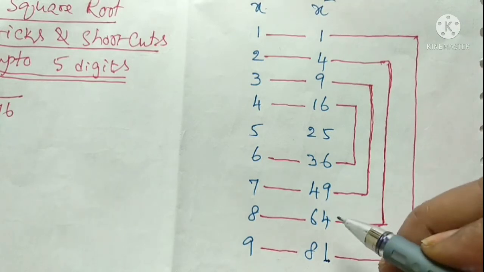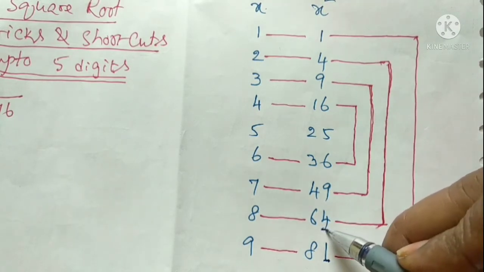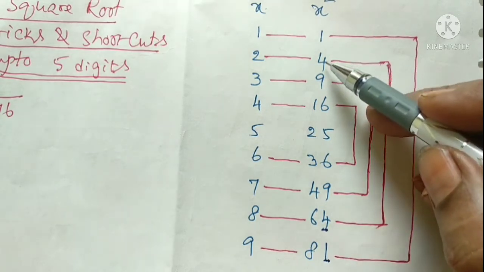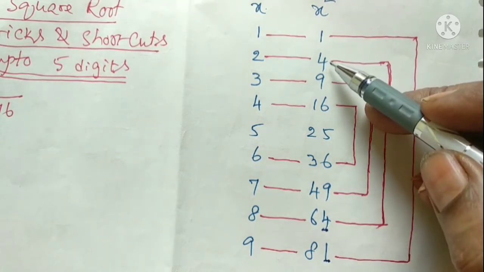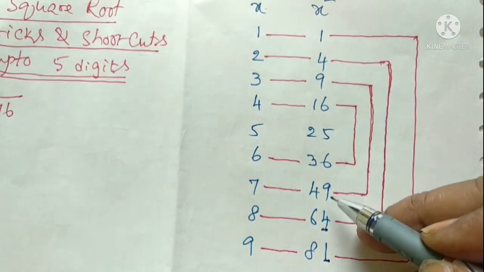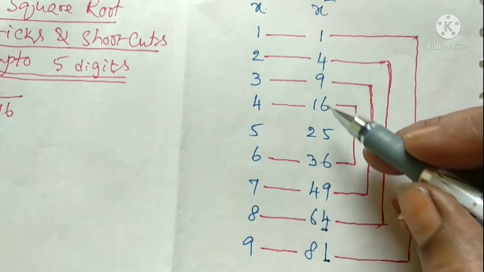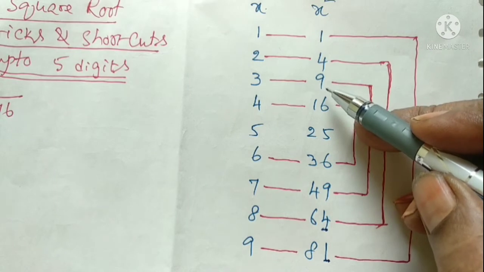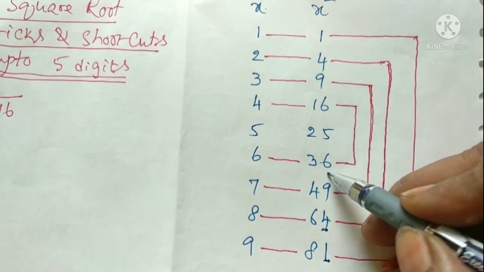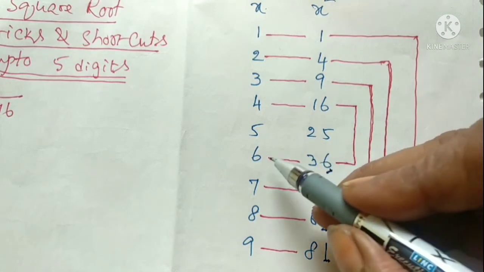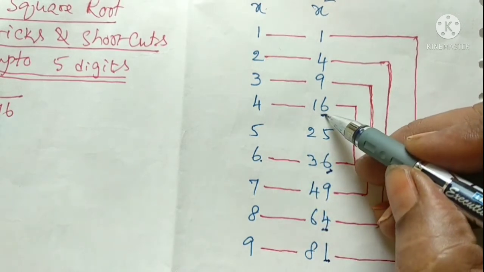In the same way, if the units place is 4, the square root may be 8 or 2. If 9 is in the units place, the square root may be either 7 or 3. And if 6 is in the units place, the square root may be either 6 or 4.